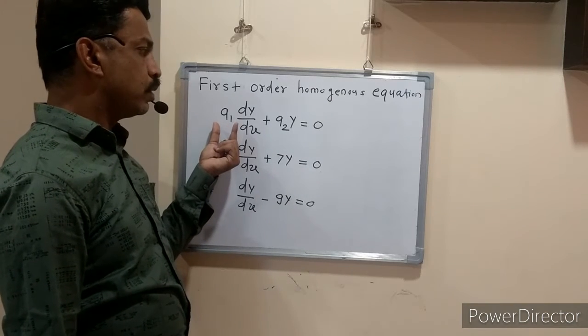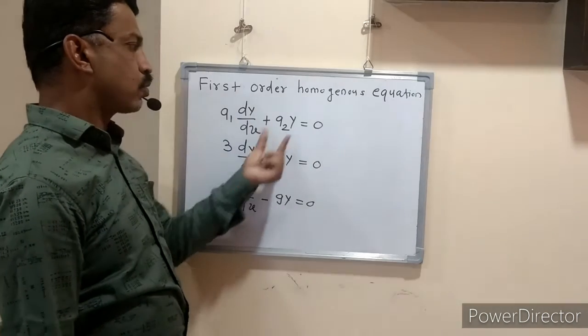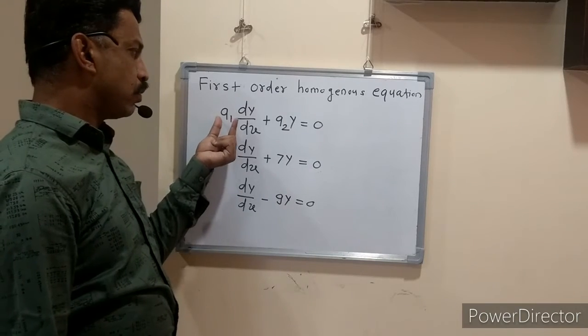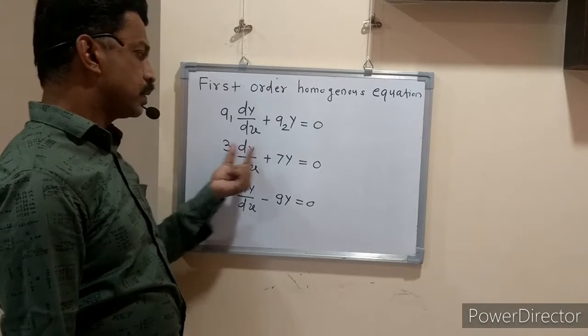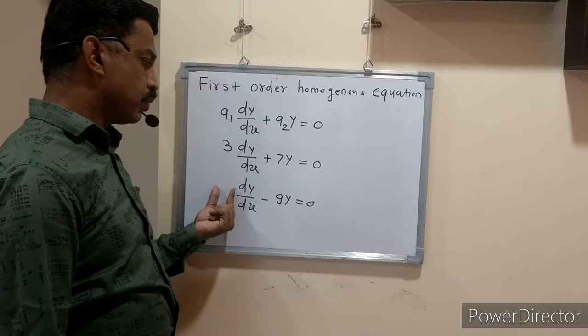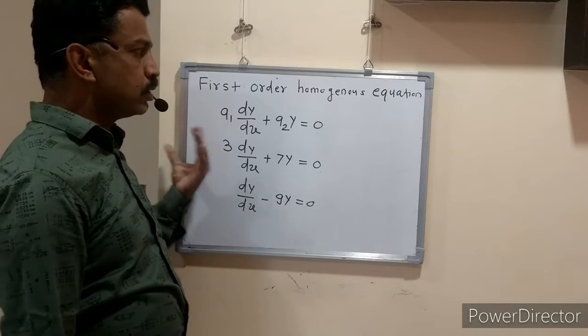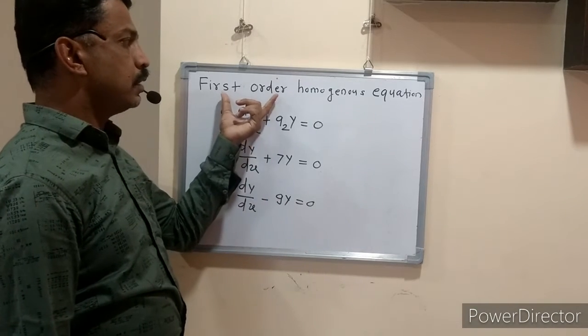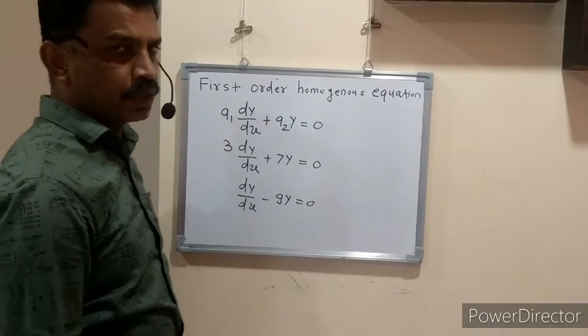Such coefficients are known as constant coefficients. And instead of a1 and a2 we can write any number, 3, 7, here no number means 1, here it is minus 9. So in this way we can easily understand the first order homogeneous equation.